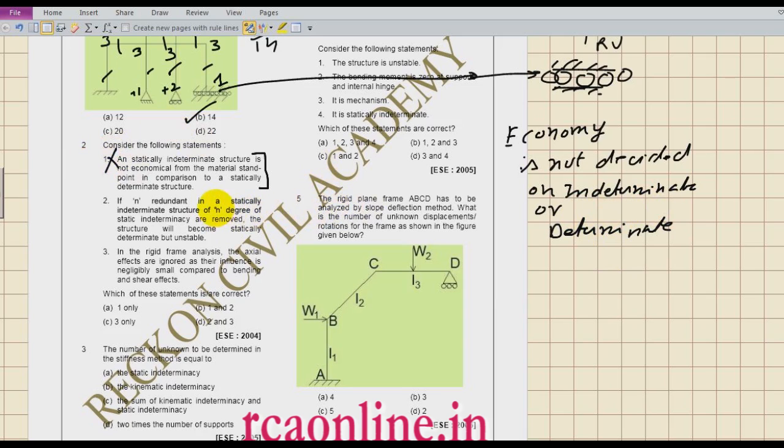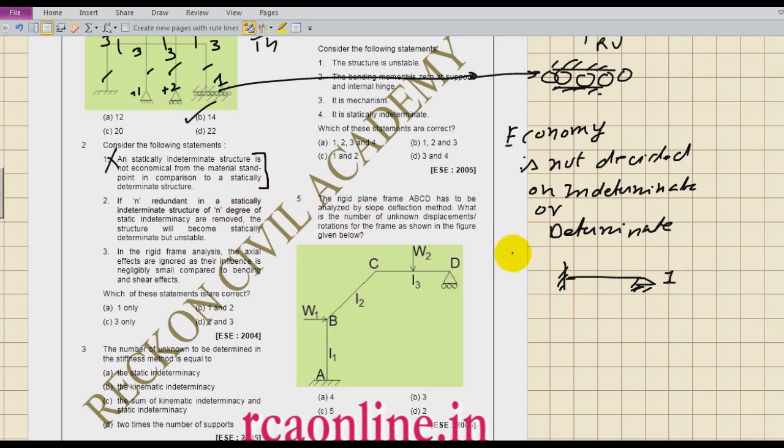If n redundants in a statically indeterminate structure of n degree of static indeterminacy are removed, the structure will become statically determinate but unstable. Let us read again, this is important. There is a structure which is n indeterminate. Let us make it simple and say its indeterminacy is 1.